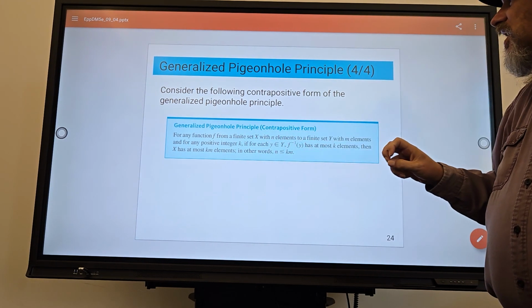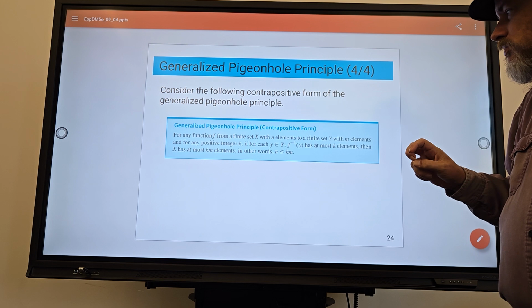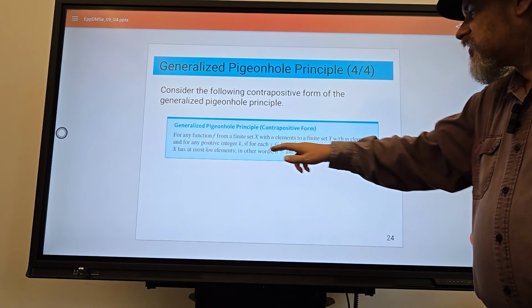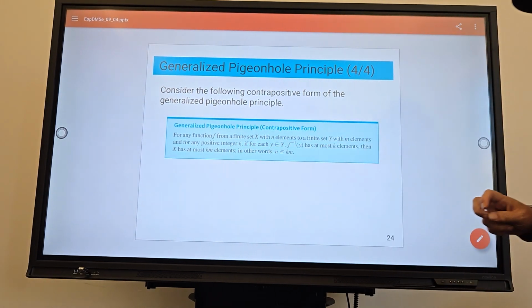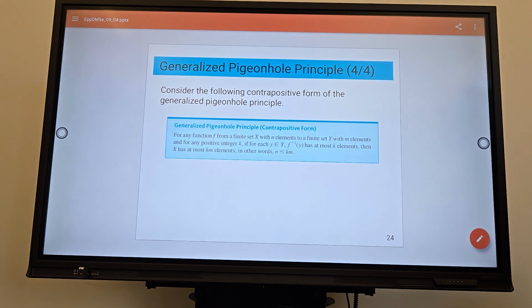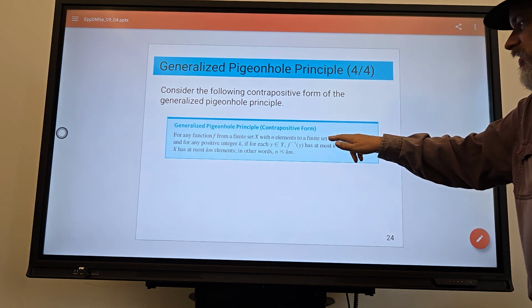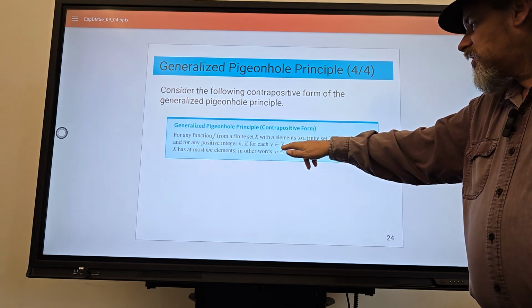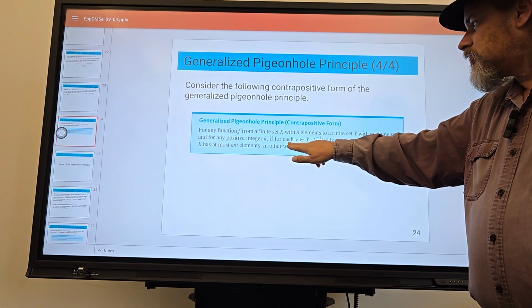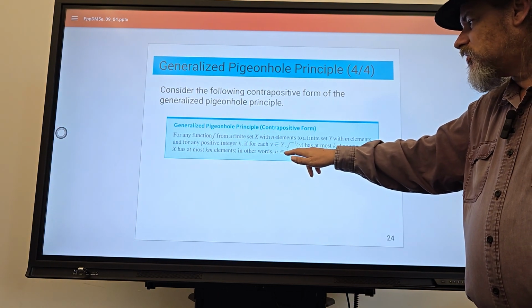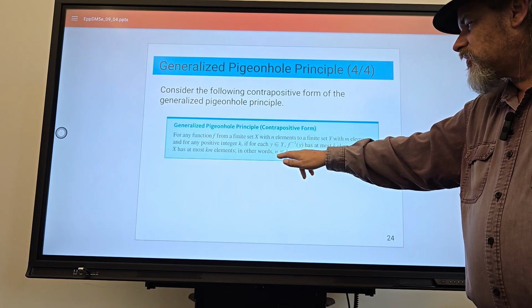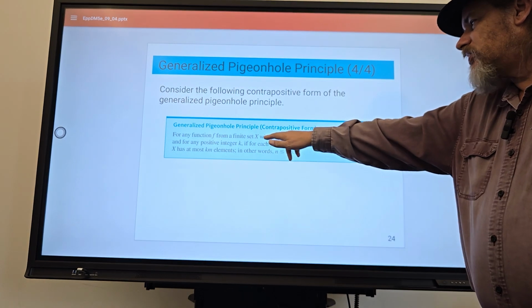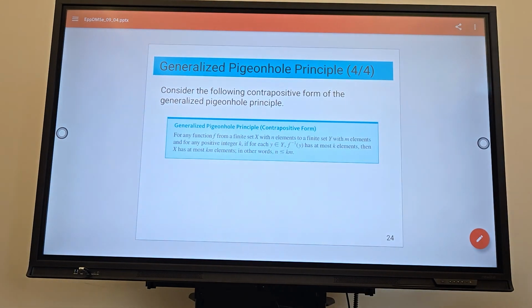X has at most km elements. So you do k times the number of elements in Y, and you get a greater than or equal to number of the elements in set X.